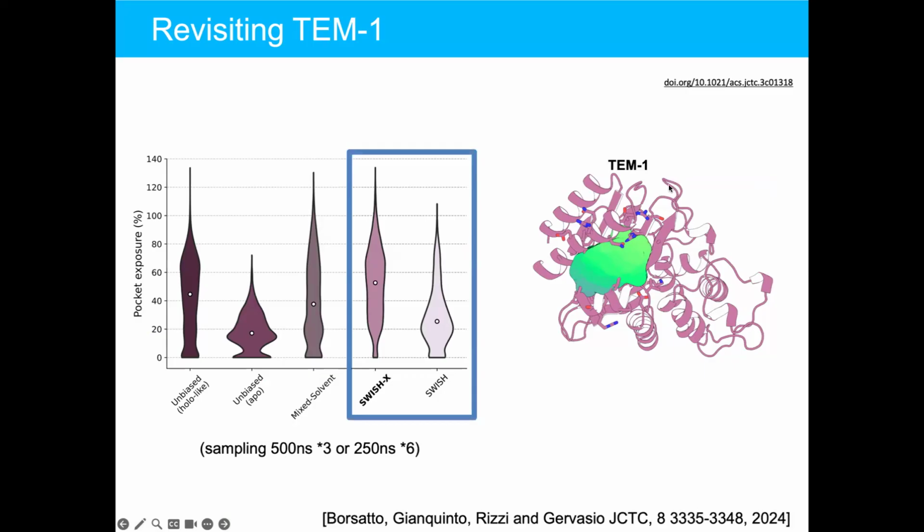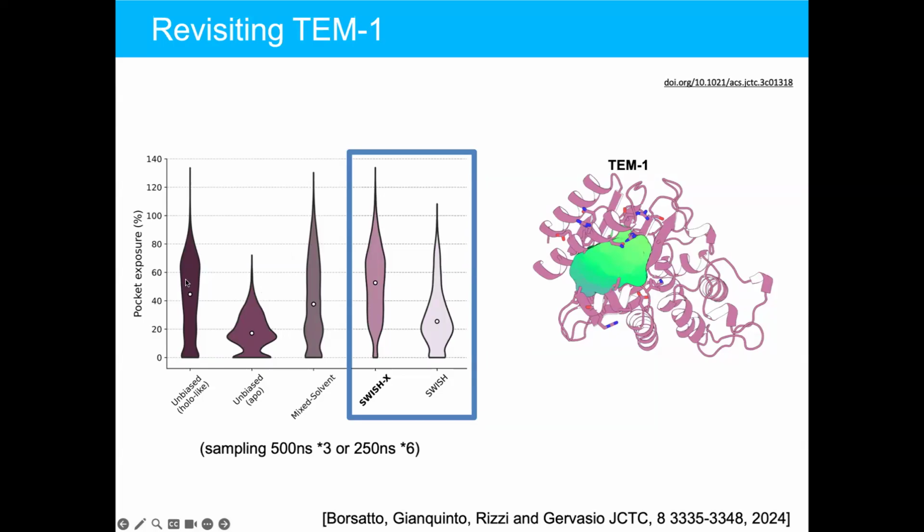So we revisited TEM-1 beta-lactamase, now with much shorter simulations: only 250 nanoseconds per 6 replicas, or 3 times 500 nanoseconds for the unbiased and mixed solvent simulations. For TEM-1 beta-lactamase, we see that basically SWISH X is the one that works best.